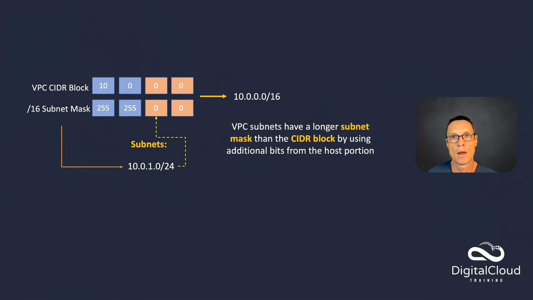So for example, this 10.0.0.0 could have a /16 subnet mask, and that means that we can then add subnets underneath that which use part of the host portion, so that we have different networks that are underneath this main block of addresses. Okay, so what we're doing with CIDR, we take one big block of addresses, there's a lot of potential addresses there, and we segment into subnets.